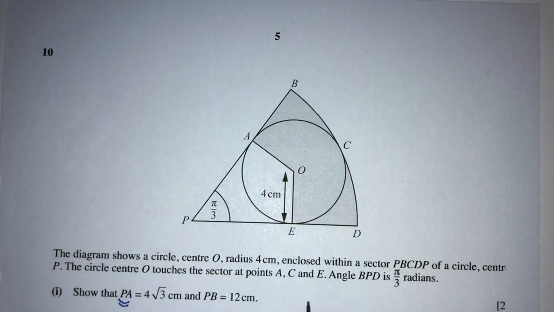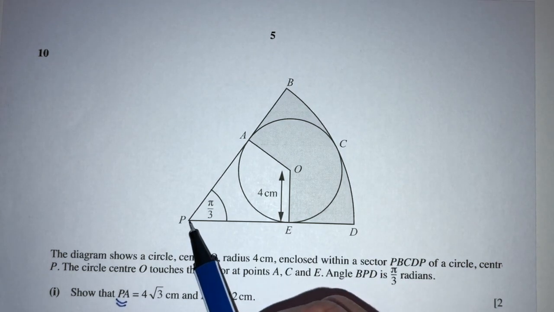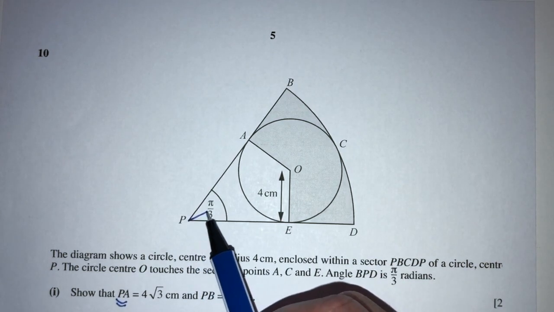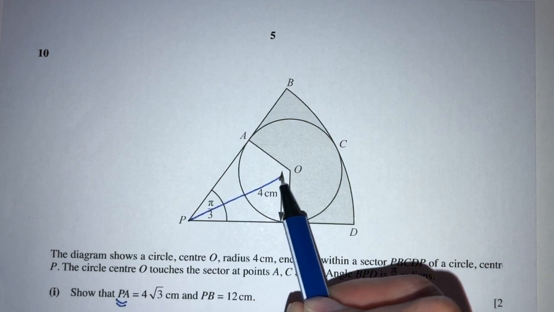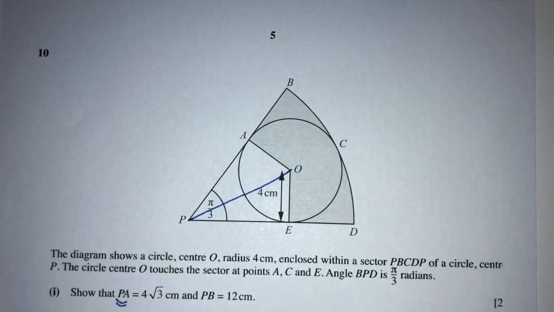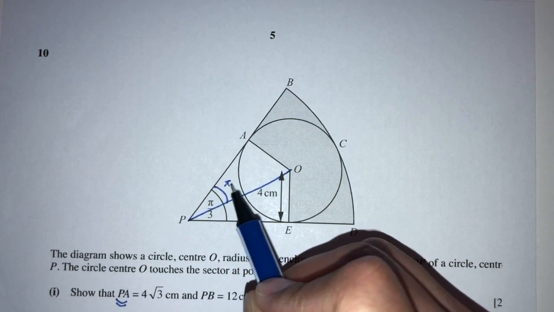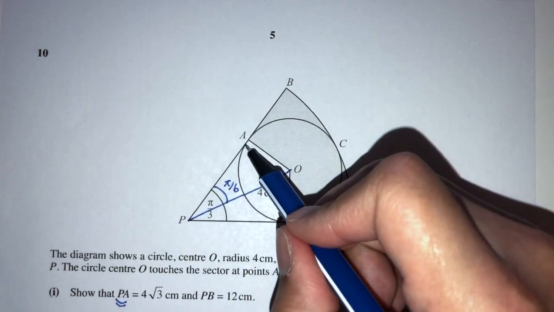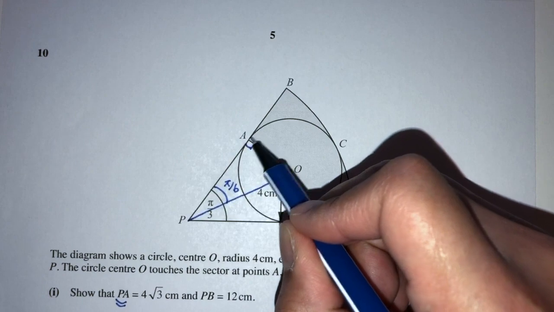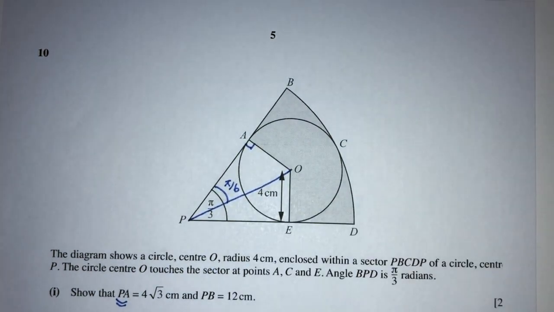If you observe, what we can do here is join this and this. Now, this is pi by 3, so this has to be pi by 6. And we know this is 90 because it touches at one point, which means PB or PA has to be the tangent to the circle.